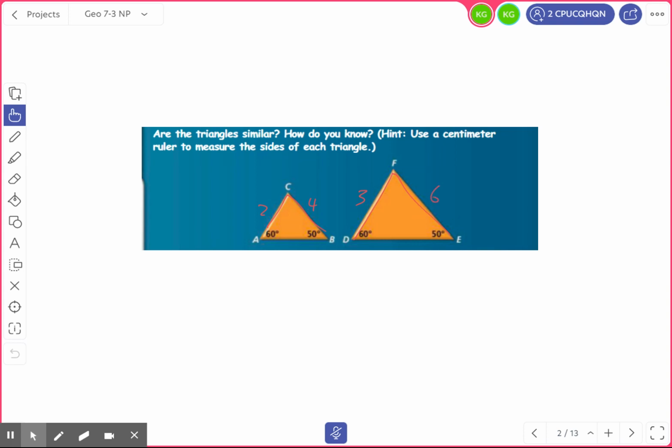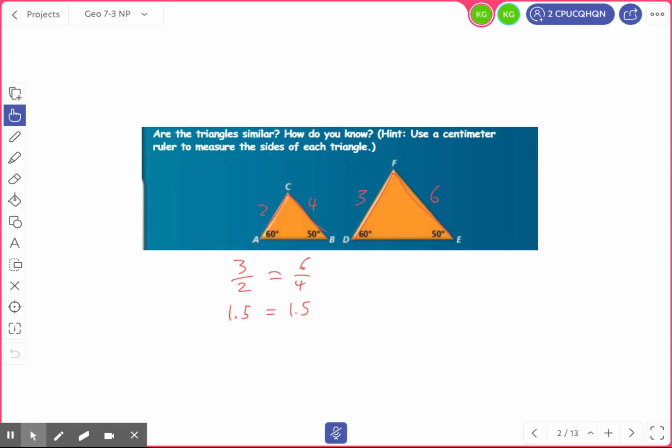And because 3 divided by 2 equals 6 divided by 4, both of them equal 1.5. You'd have to know the third side as well, but that's what it means to be similar.